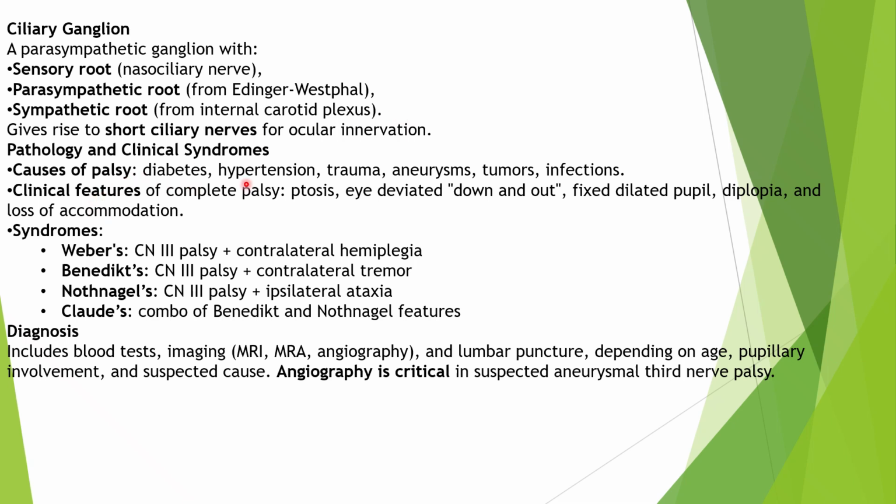It gives rise to the short ciliary nerves for ocular innervation. In pathology, causes of palsy are diabetes, hypertension, trauma, aneurysms, tumors, and infections. Ptosis, a deviated eye down and out, fixed dilated pupil, diplopia, and loss of accommodation occur. The syndromes are Weber's, Benedikt's, Nothnagel's, and Claude's. Angiography is critical in suspected aneurysmal third nerve palsies.